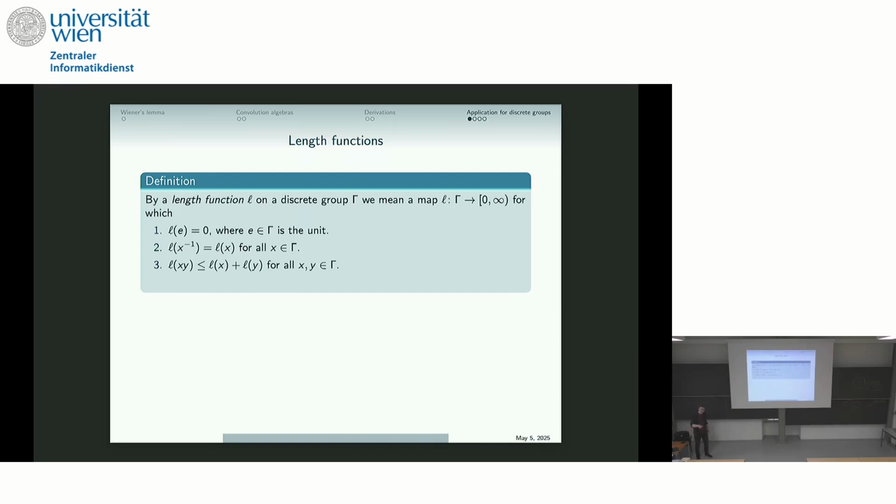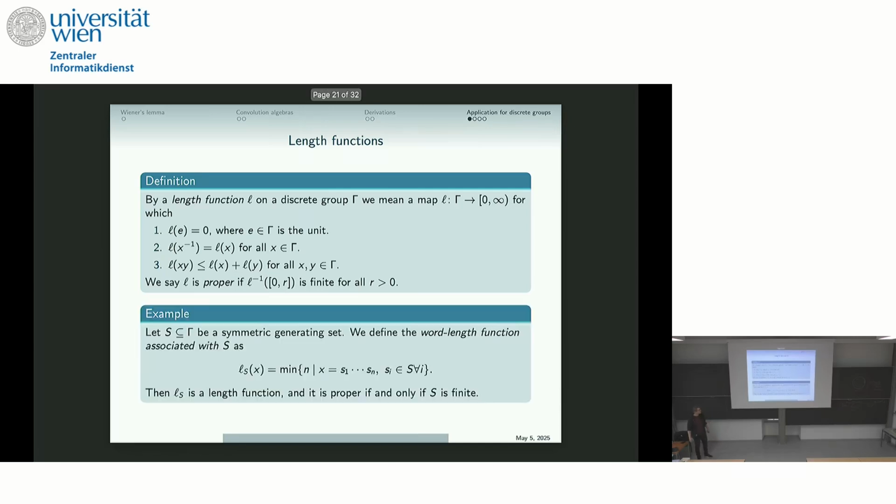Now, when I say length function, even if I should forget it, what I will actually mean is a proper length function. I'll tell you why this is necessary in a second, but L is proper if it is a proper map. In particular, for every r, if I take the preimage of the finite interval [0, r] under L, I get a finite set. The reason why I need this has to do with the canonical way of constructing a length function on a discrete group, which is generated by some symmetric generating set.